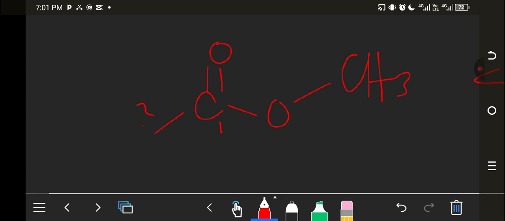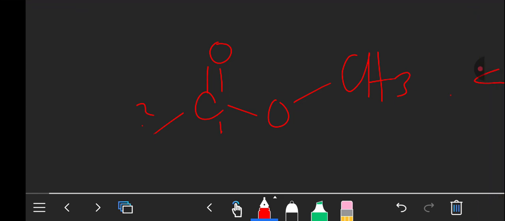When naming, always try by all means to start with this group, the part which contains the parent name. Then this group connected to the O acts like a prefix.